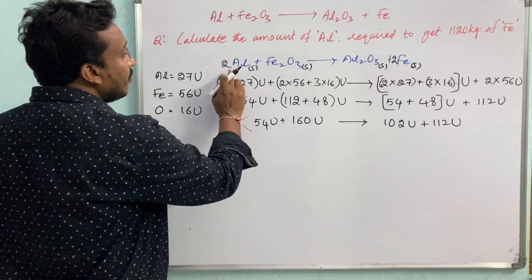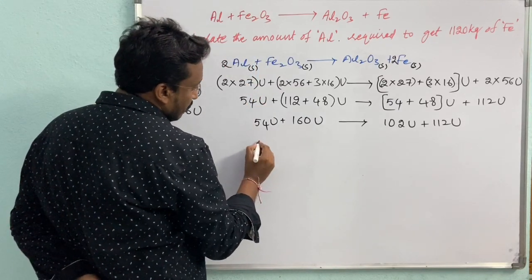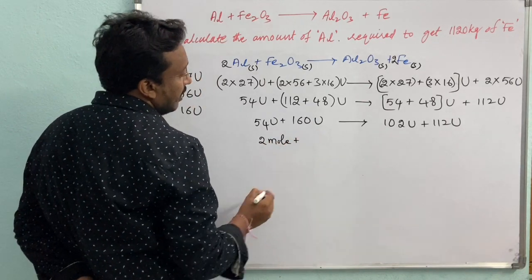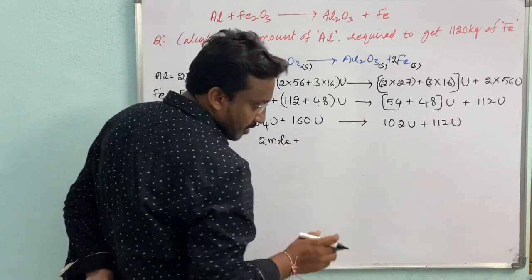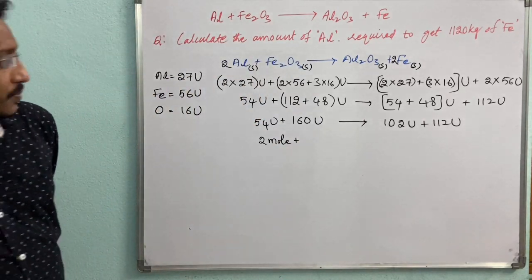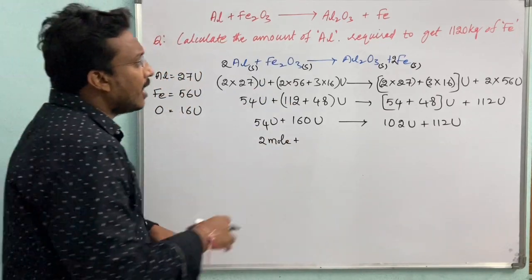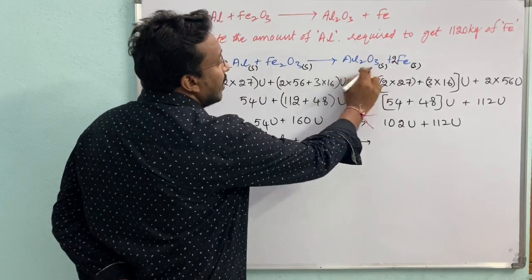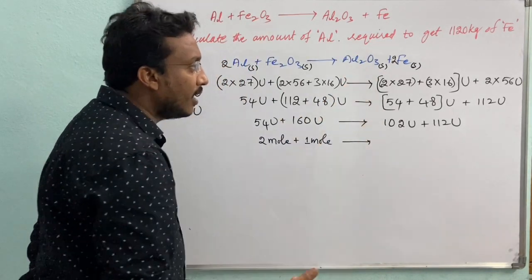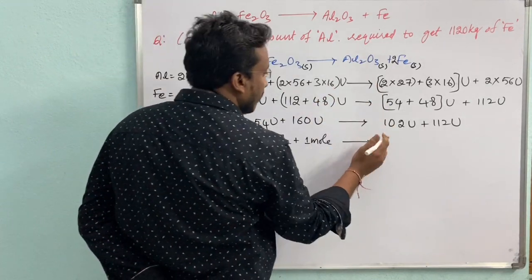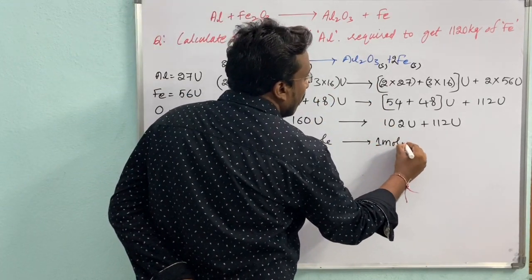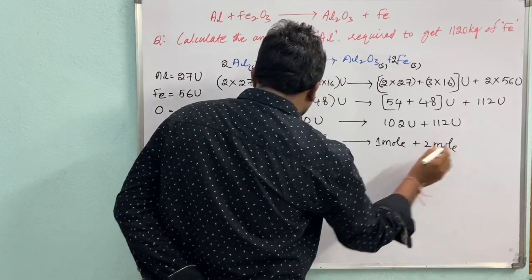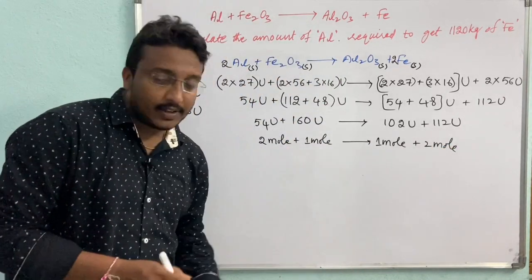Here 2 moles plus 2 moles, and 1 mole gives, in the chemical equation, each chemical formula unit taken as 1 mole. Fe is 1, then 2 are there, so 2 moles.